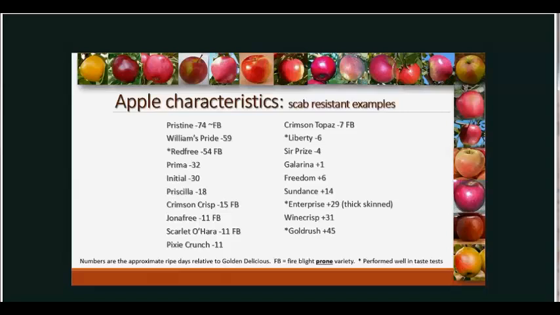Pristine is one of the few that is a good solid yellow apple. I believe that I used Golden Delicious as my baseline here, and so when you see the numbers here, if you use Golden Delicious as the 0 point, Pristine would come in about 74 days before Golden Delicious.